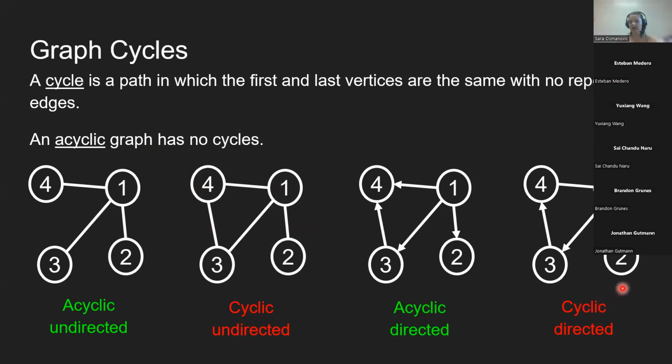And then the last graph that we have here is a cyclic but directed graph, which means that we have a cycle that goes from 1, and then you go to 3, and then you go to 4, and then you go back to 1. And you can do that starting with any of these 3 nodes. So if you start with 3, you can go to 4, to 1, and back to 3.